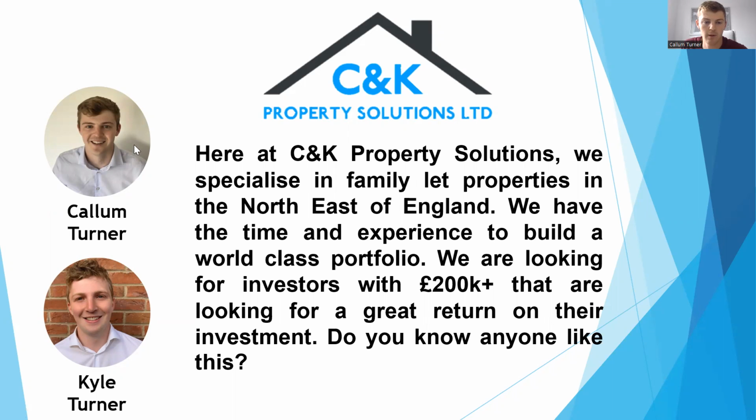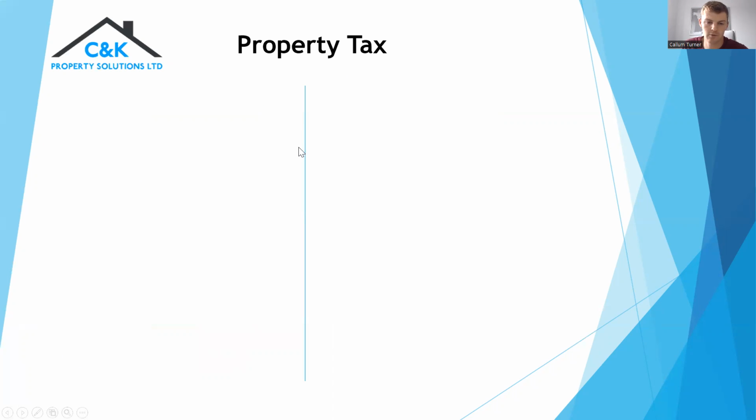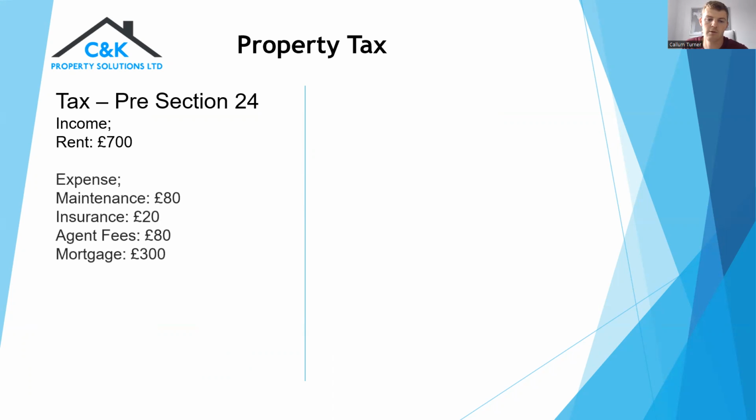Let's consider a typical family let property that would rent at £700 per month. From experience, the typical monthly expenses that you would associate with this type of property, if bought to the 6C rules explained in a separate video, are £80 of maintenance.